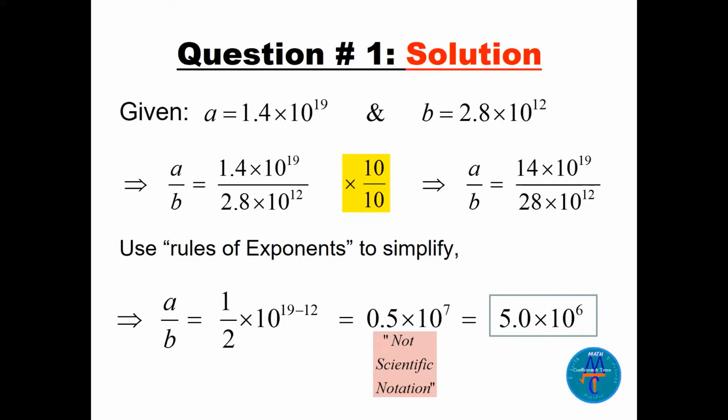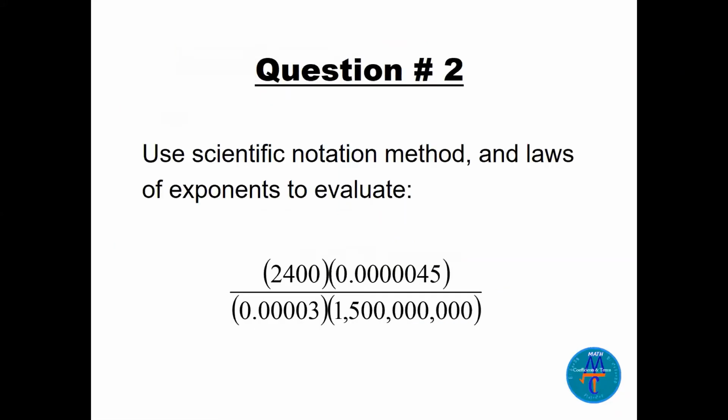Okay. Now, question number 2. I have 4 numbers there. Use the scientific notation method and the laws of exponents to find the whole value: 2400, 0.00000045, etc. A good idea is to change every number. Suppose you don't have a calculator.